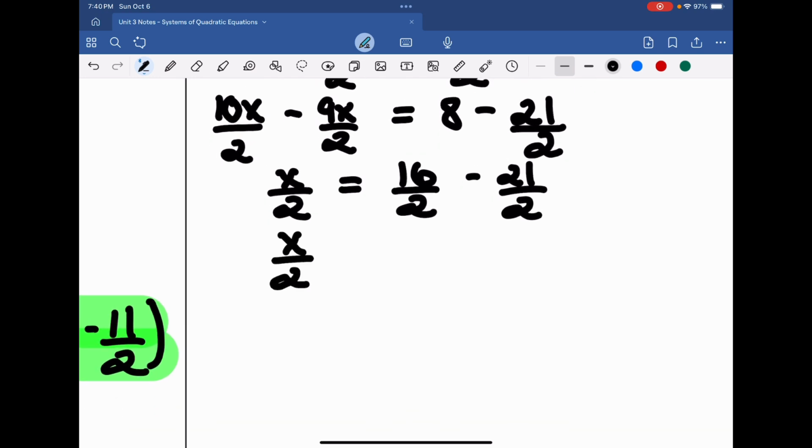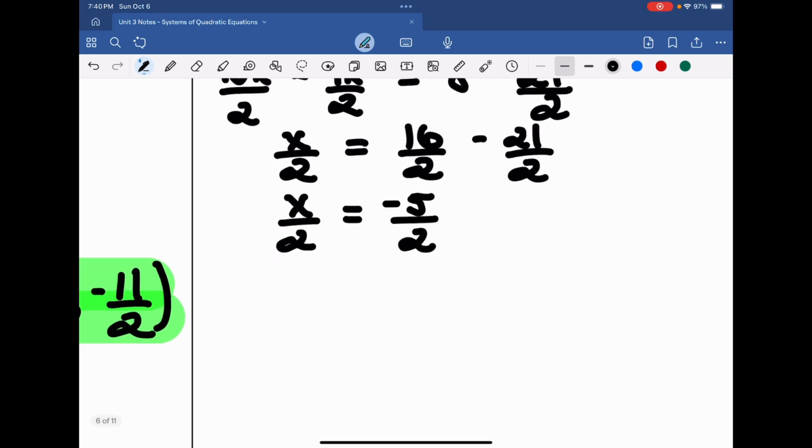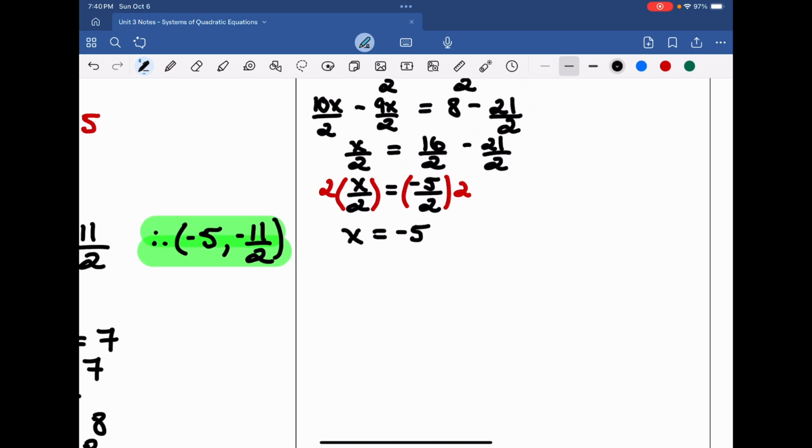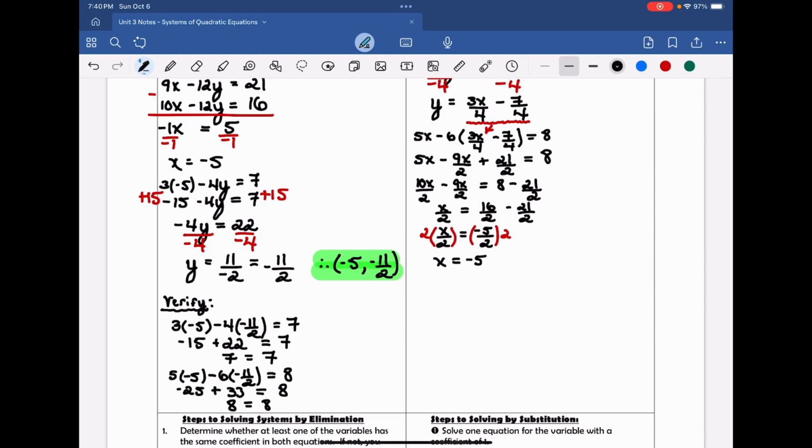This will give us x over 2 is equal to 16 minus 21, which is negative 5 over 2. And then we're going to multiply both sides by 2 in order to isolate for x. Therefore, x is equal to negative 5 over 2 times 2. This just leaves us with negative 5. Hey, look at that. We get that same negative 5 that we got in our elimination method. Perfect. This is exactly what we're looking for here.